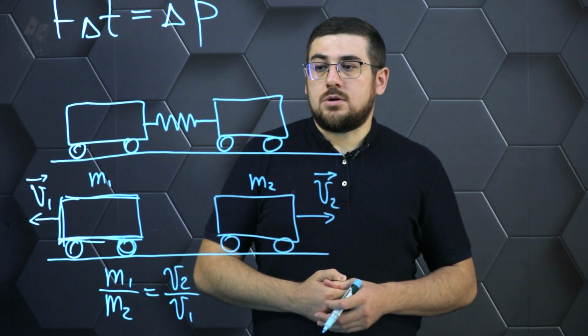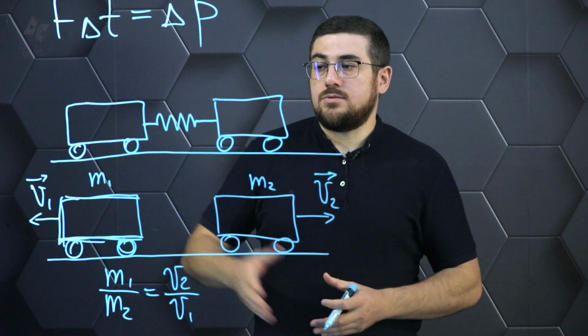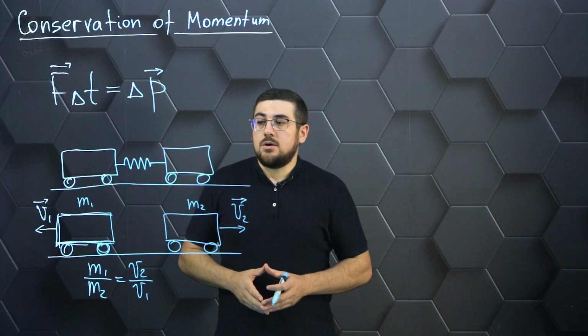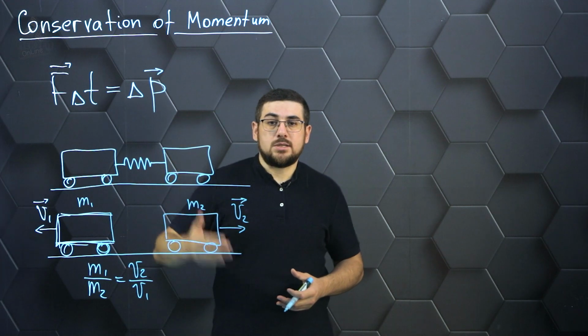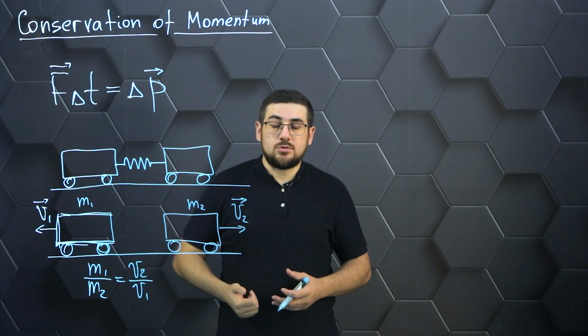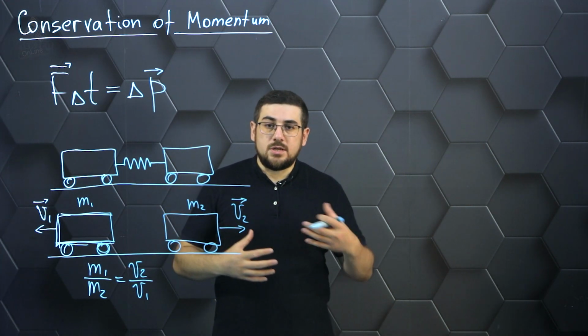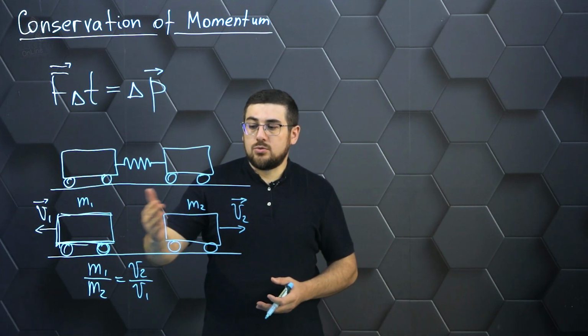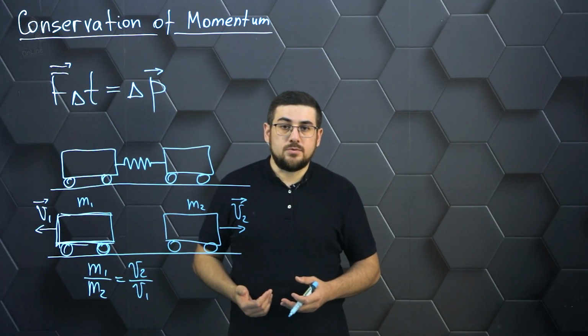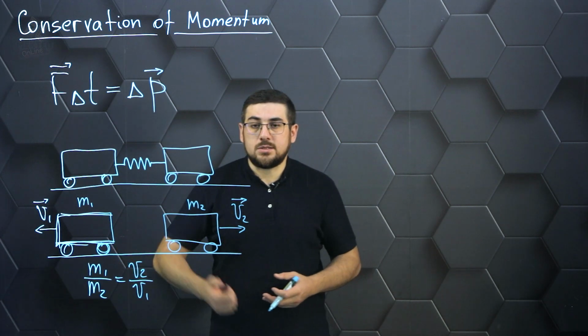It means that if we sum all forces acting on these objects, of course here we can take into account the force of gravity or the reaction force of the support, but they also compensate each other. So the sum of external forces is equal to zero, and we get the result that we have just seen. That is, the mass ratio will be inverse to the velocity ratio.